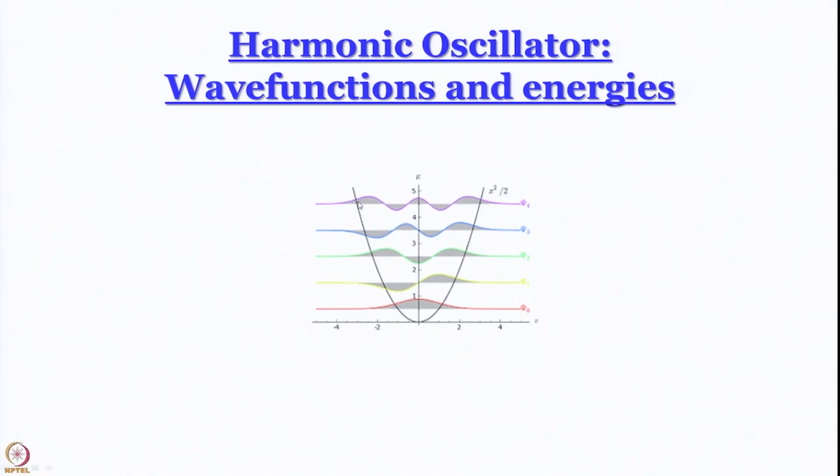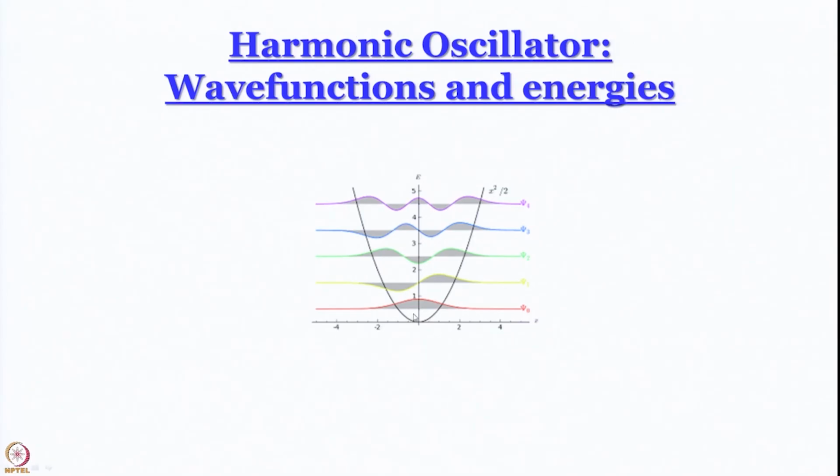And as you can see, the wave functions do not exactly terminate at the potential energy surface. They go a little bit beyond, and it was your homework to find out why this is the case, how this is justified. Please read about this and post on the forum.